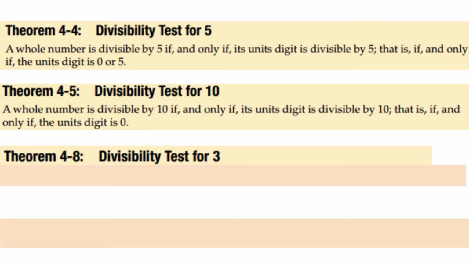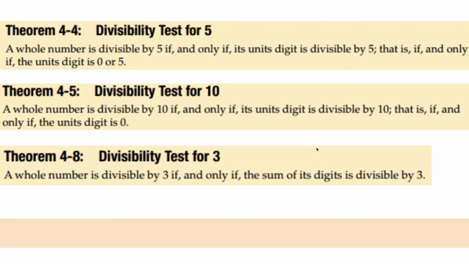Next one is the divisibility test for 3. This is an interesting one. We already looked at the numbers in the 100 chart, right? Whole numbers like 3, 6, 9, 12, 15, 18, 21 are divisible by 3 if and only if you add those digits together and the sum is divisible by 3.